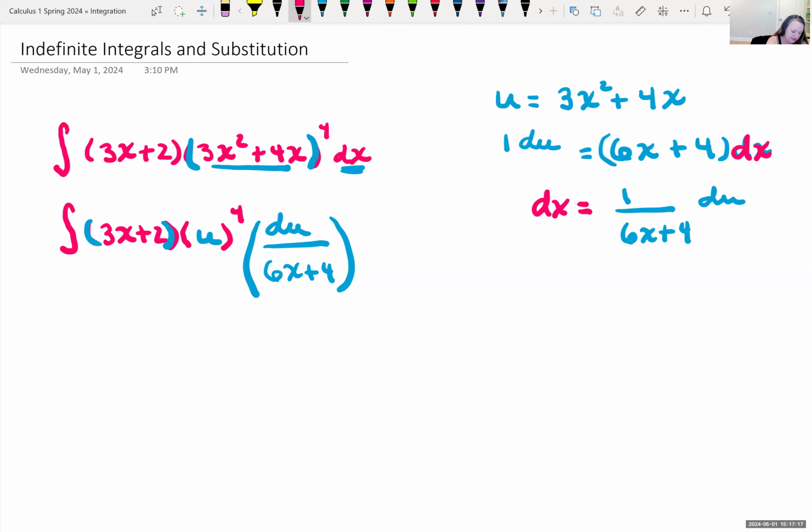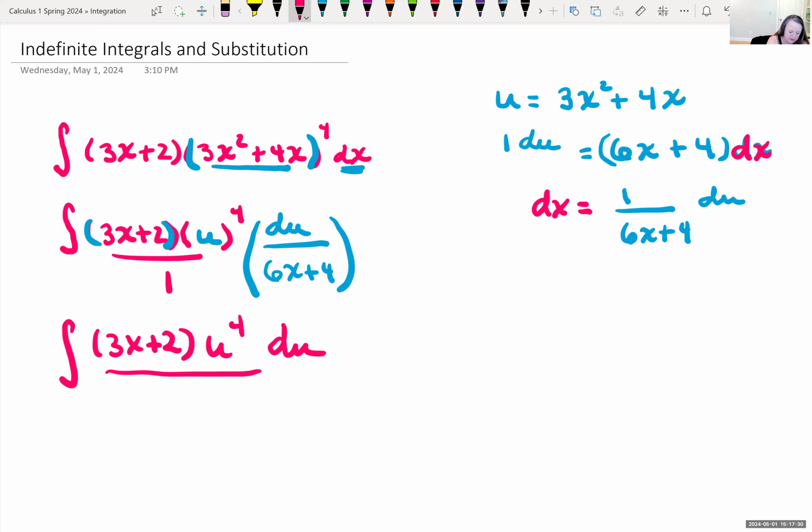So let's go back in here. We have 3x plus 2, all times u to the fourth du, and I can put this over 1, all over 2 times 3x plus 2. Now notice these 3x plus 2's cancel, and we're left with something that we know how to integrate.